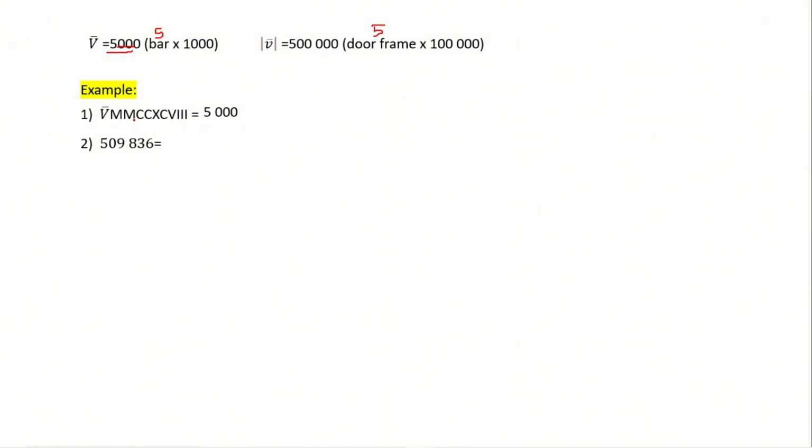This M is 1,000. 1,000 plus 1,000, we can put already 2,000 because they are the same. The next, this C and C, 100 plus 100 equals 200.